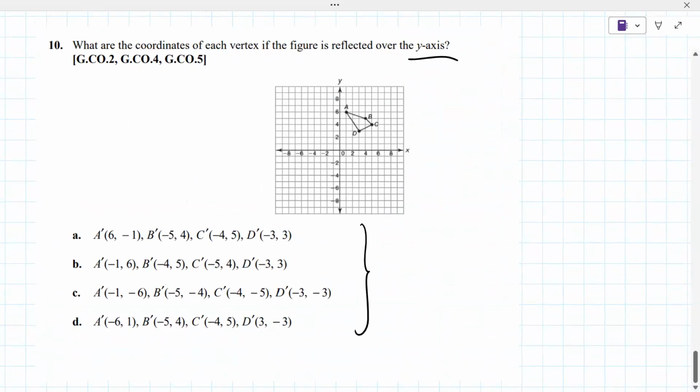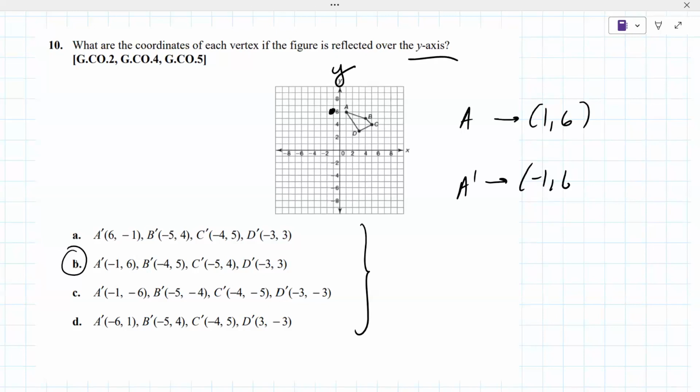Oh, A would be... so B. You're going with letter B. Yeah. And did you use coordinate A as your starting point, 1, 6? So when you're going over the y-axis, what changes? The X coordinate. X value. Yeah, it's right there. And that's A prime, -1, 6. Really good.